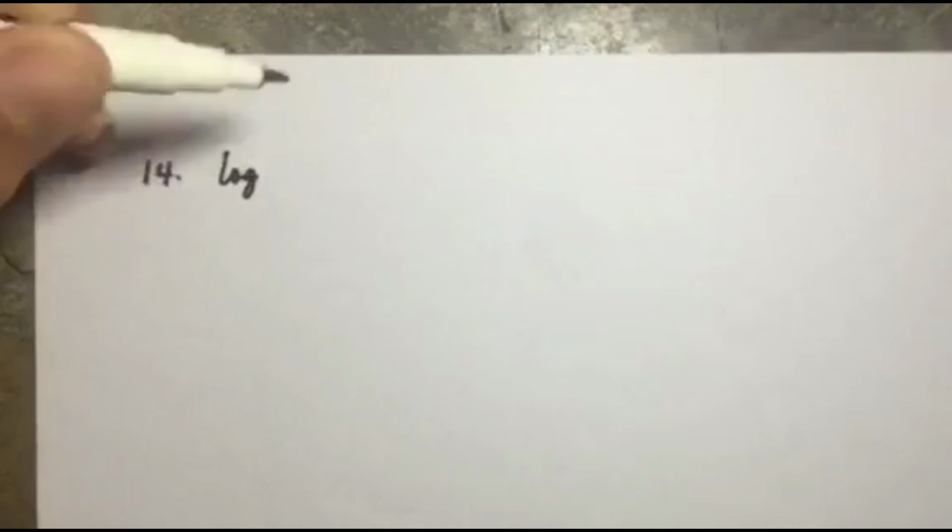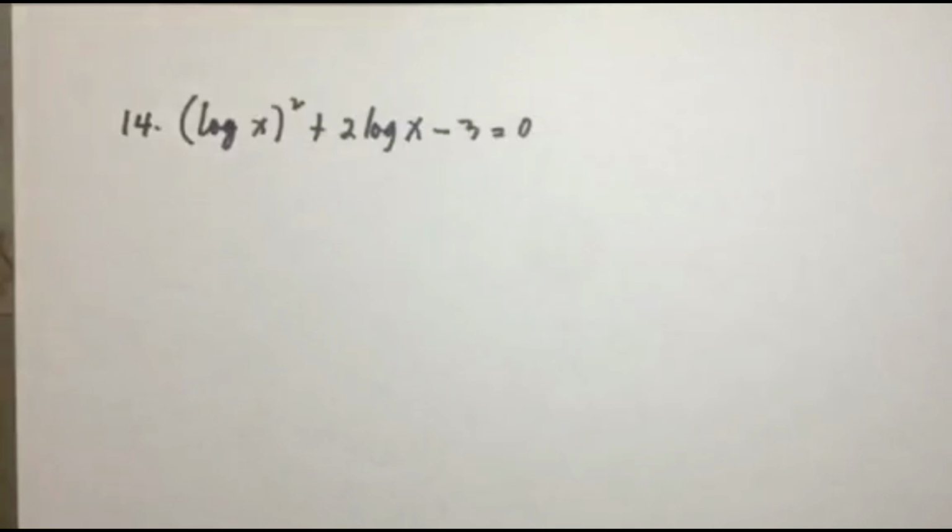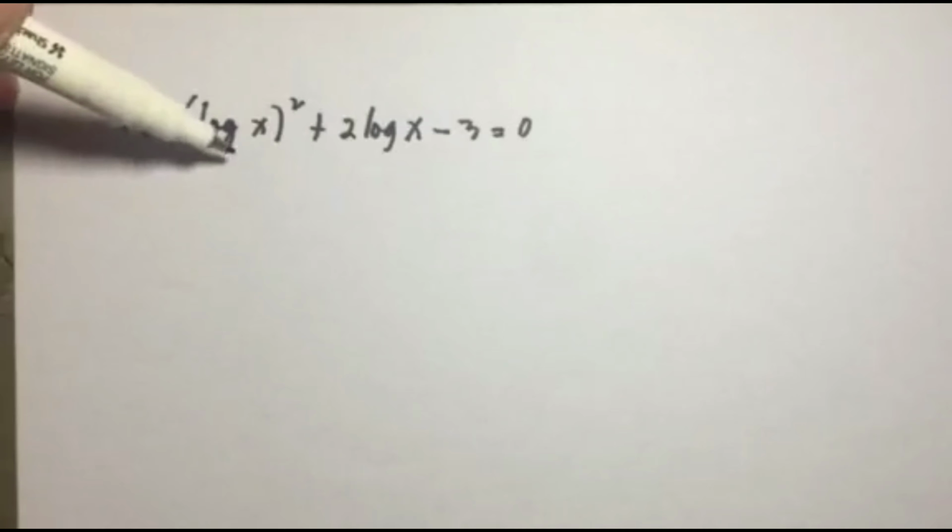Okay, let's go to number 14 example. The 14th example, we have the logarithm of x square plus 2 logarithm of x minus 3 equals 0. So, wala siyang base, meaning to say it's 10.